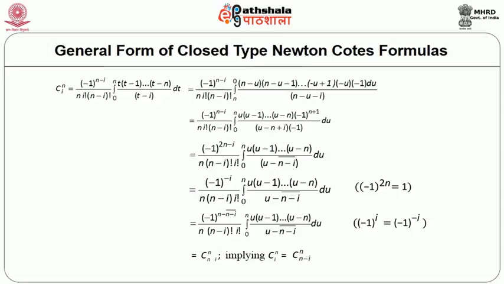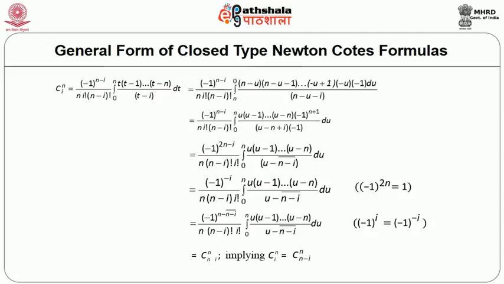And so this NCi becomes (-1)^(-i), which can be written as (-1)^(n-i), since (-1)^(-k) is the same as (-1)^k. So (-1)^(-i) can be written as (-1)^(n-i), and (-1)^(2n) was 1.